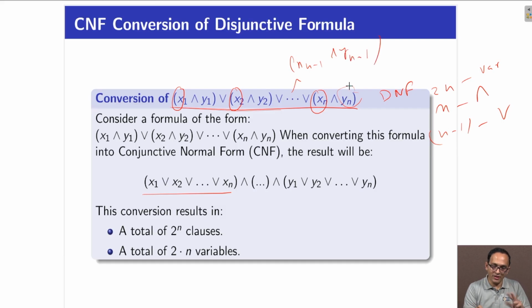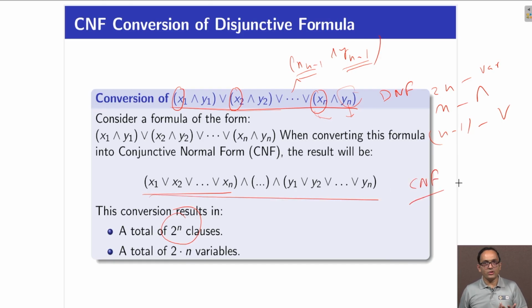So, in the first two clauses I have taken x n minus 1. Now, I will take y n minus 1, and one time I will take x n, one time take y n. So, this way every variable will combine with another one and I will effectively get 2 to the power n clauses. Okay. That is why this CNF has an exponential number of clauses, which we have discussed in detail in the previous class as well.